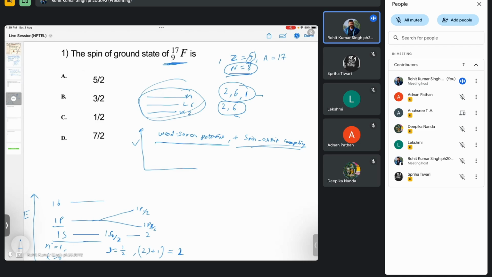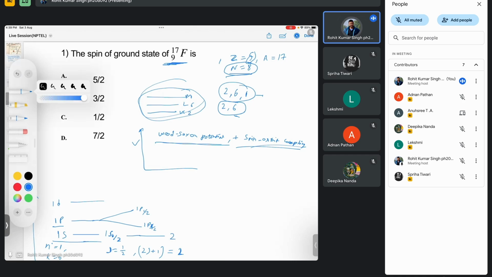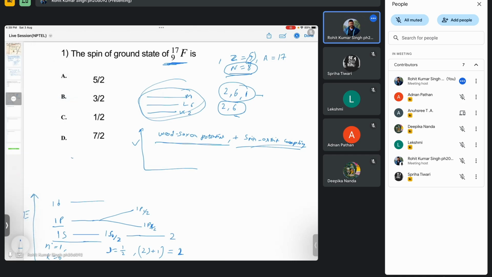So let me write it a little bit more carefully. So 2 can come here, and then 4 can come here, 2 again come here, and then we have 1d splits into 5 by 2, right?